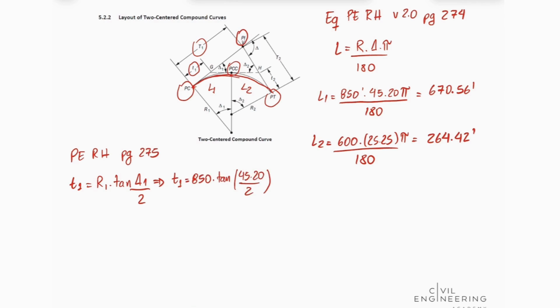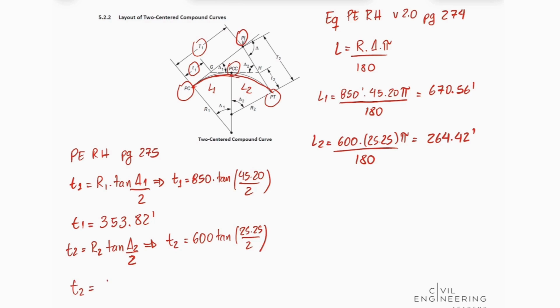We're going to see that our T1 is equal to 353.82 feet. Let's do the same thing for our T2. Our T2 will be our R2 times the tangent of delta 2 divided by 2. Our T2 equals 600 times the tangent of 25.25 divided by 2, and our T2 will be 134.39 feet.